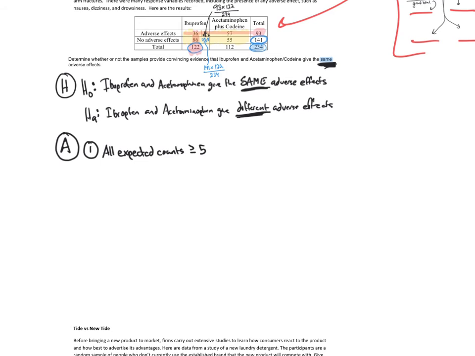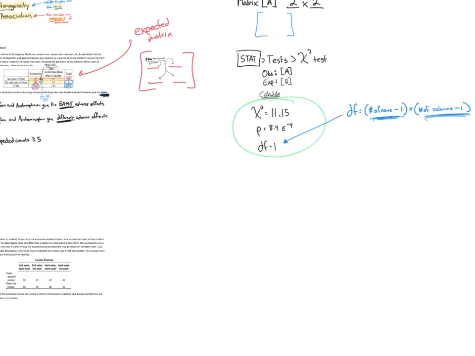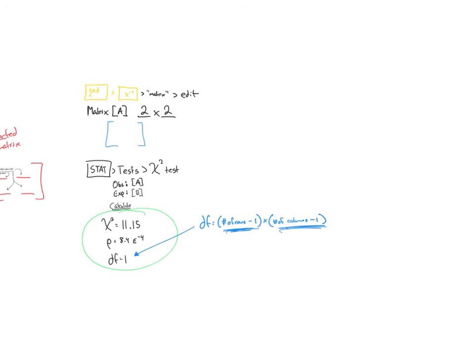Well, here's how I'm going to go check, because I haven't actually seen that yet. So do this with me if you want. Let's go back to our matrix menu. Second, matrix menu.